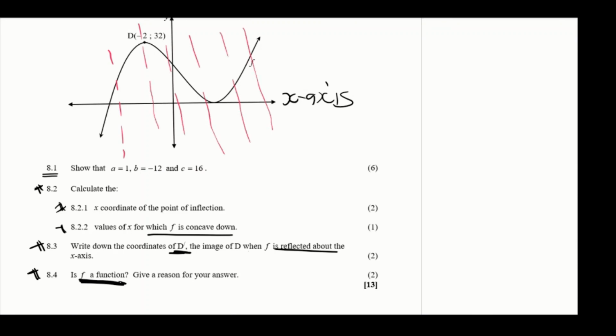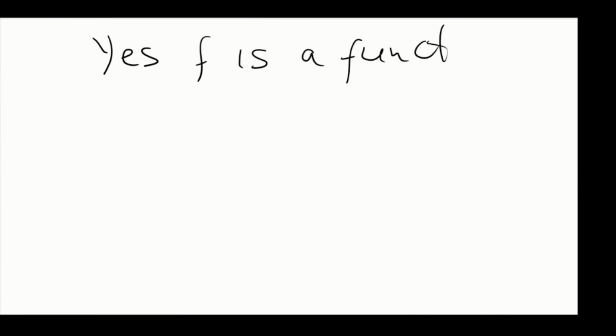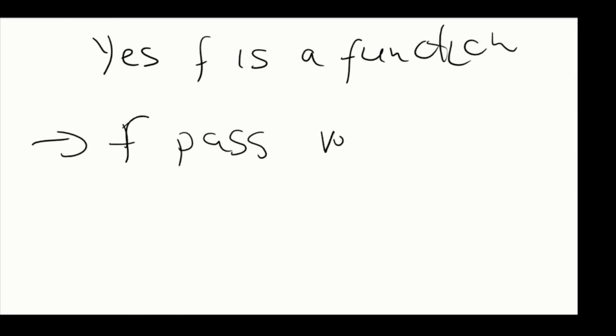So the graph passes the vertical line test. What we can conclude is: yes, f is a function. Reason: f passes the vertical line test.